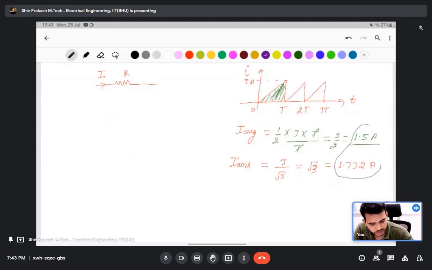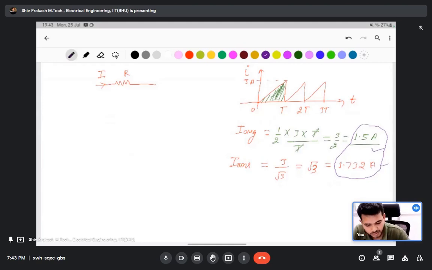You see that these are not equal. Average current is 1.5 ampere and RMS current is 1.732 ampere. Then what should you take, average current or RMS current?